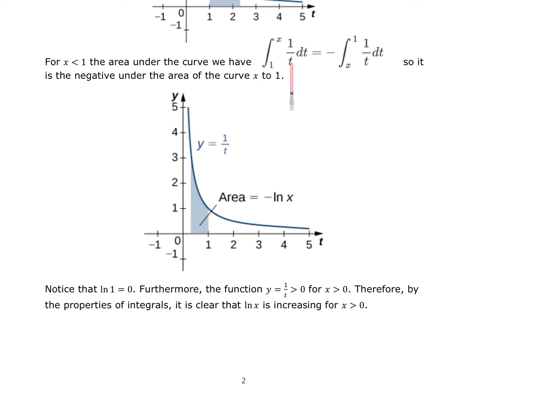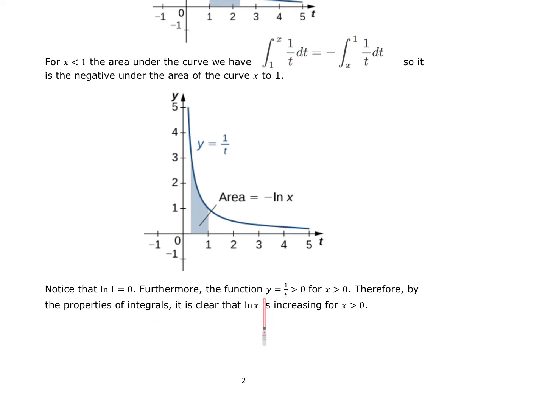That's because if I go from 1 to 1 of 1 over t, we know when the limits of integration are the same, the integral is 0. So if we define the natural log as integration from 1 to x of 1 over t dt, then if I go from 1 to 1, it has to be 0.